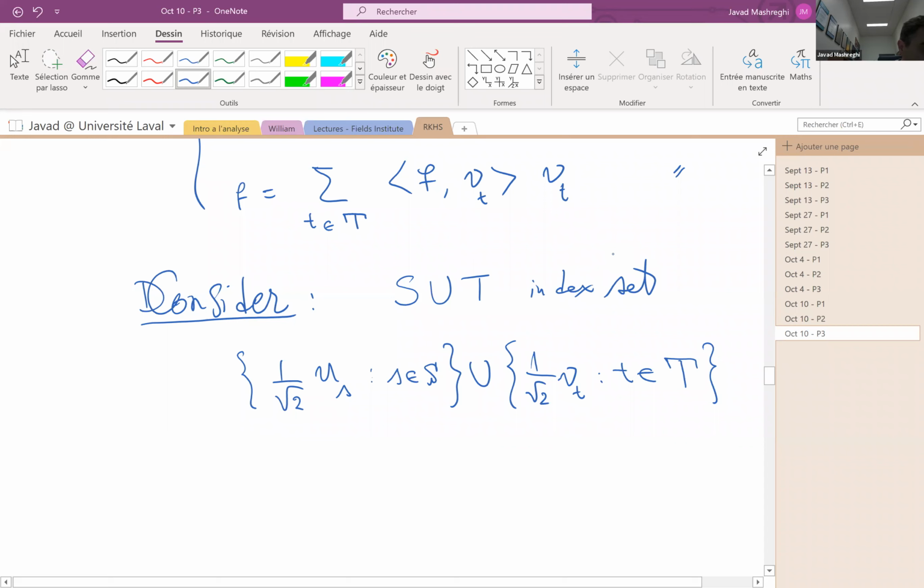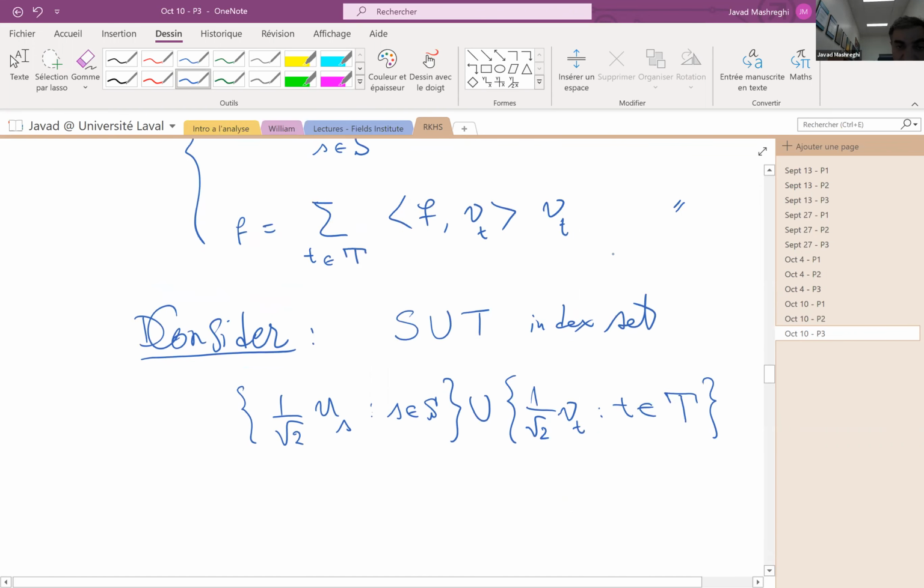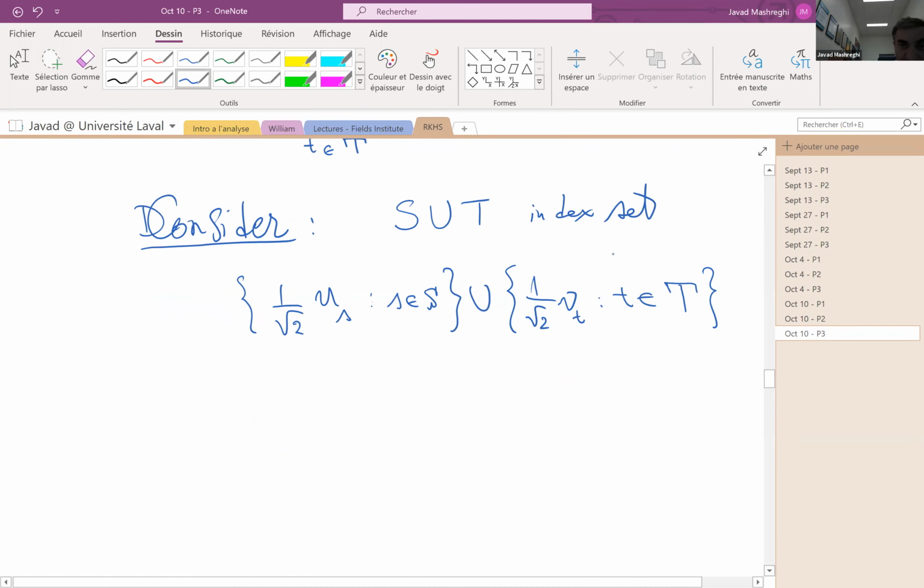And I want to show that this is a Parseval frame. To show the Parseval frame, the definition is like this. I have to study the sum of the squared absolute values of the inner product of F with all elements. I write here F_iota, because if I write F_s, it will be mixed with this one, and if I write F_t, it will be mixed with this one.